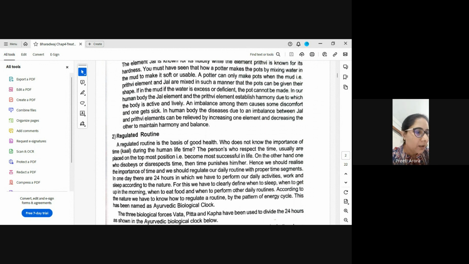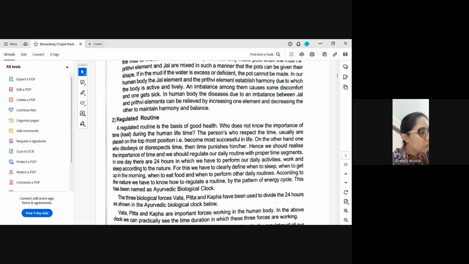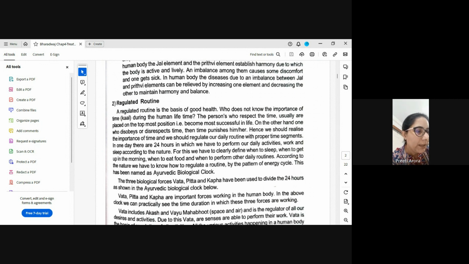I'll do that. And if we look in the book, after it has described Vat, Pitta, and Kapha, it comes to regulated routine, which is point number 2 in the book. This is talking about the fact that you should respect time. We are all bound by time. The moment we are born, we know that from that day onwards there is a time when we will leave this world.